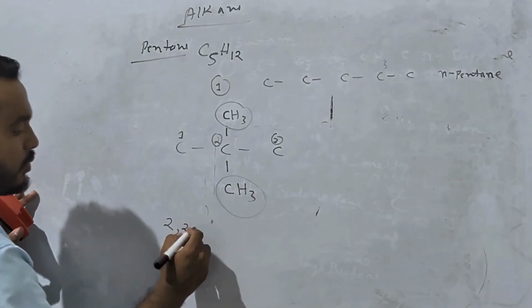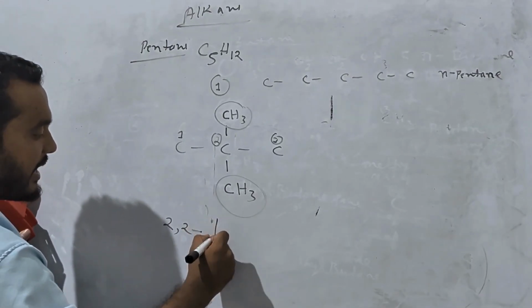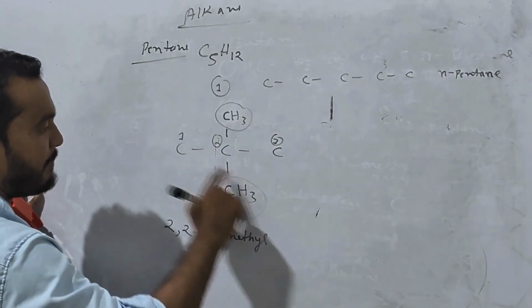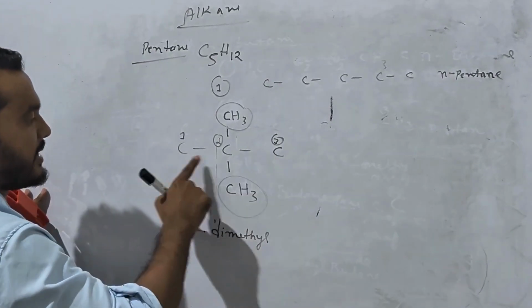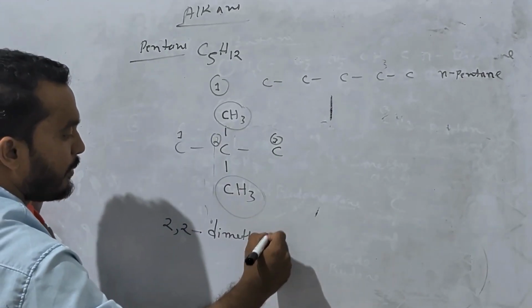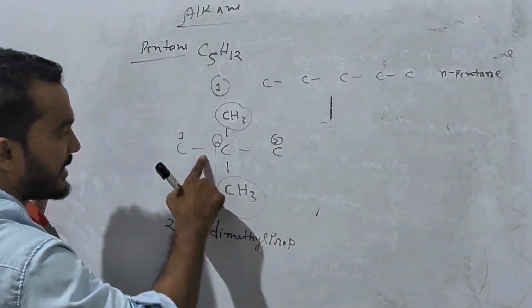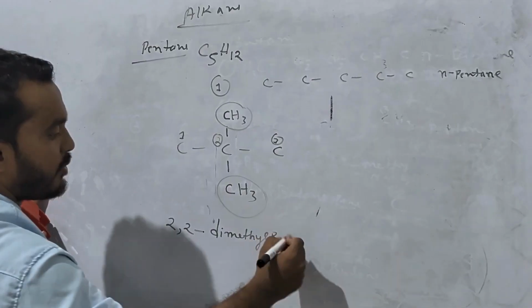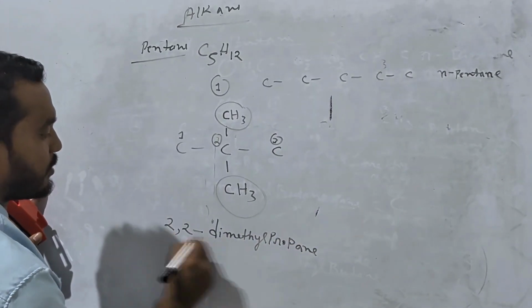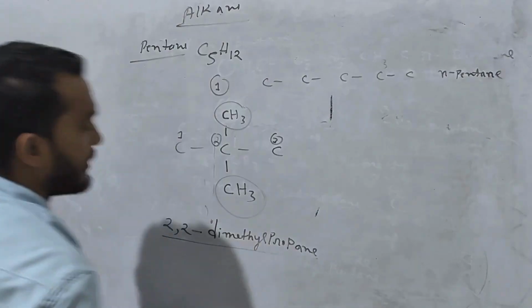Since there are 2 methyls, I have to write dimethyl. In the parent chain, how many carbons are there? 1, 2, 3. For 3, we call it prop. Since everywhere there is a single bond, that means alkane. So propane. So 2,2-dimethylpropane.